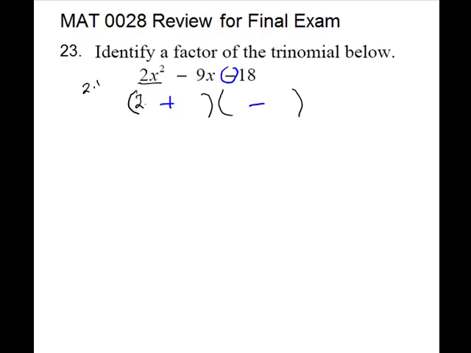And that will go in the first spots, and we'll split the x's. You don't have to write the 1 in front of the x. On the end, we're multiplying to get 18. So we need to make that list. 1 times 18, 2 times 9, 3 times 6, and then they're all going to flip over because the order matters when you have a number in the front.